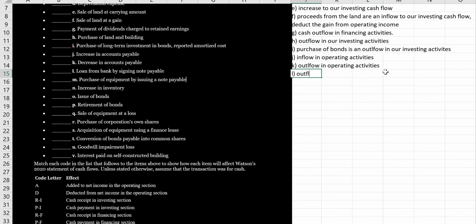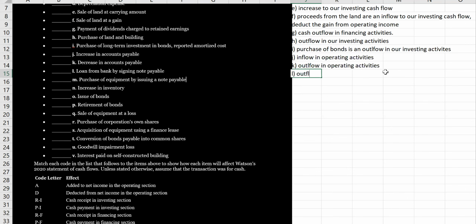And then M, purchase of equipment by issuing a note payable. This is non-cash, disclose. We purchased the equipment with a note, not with cash. N, an increase in inventory is an outflow in operating. Because when we purchase inventory, we're using cash.